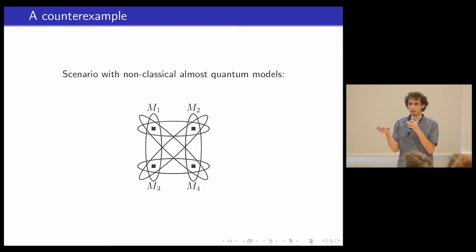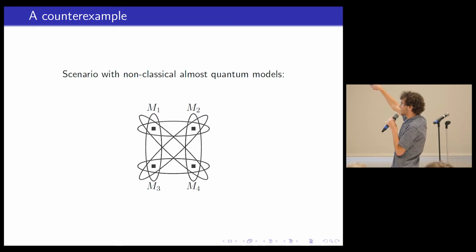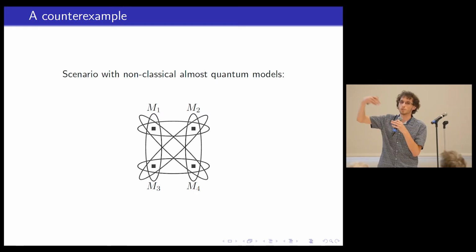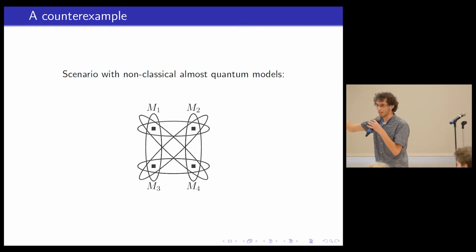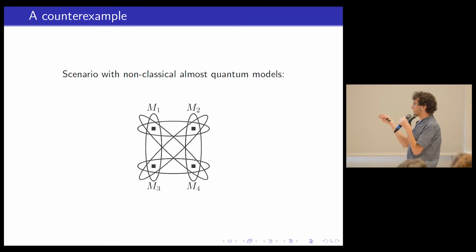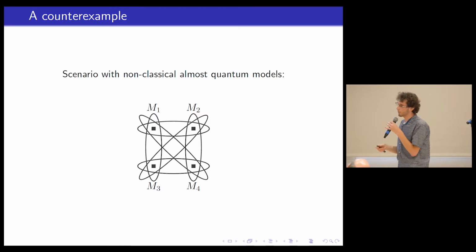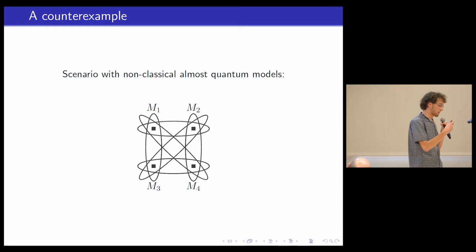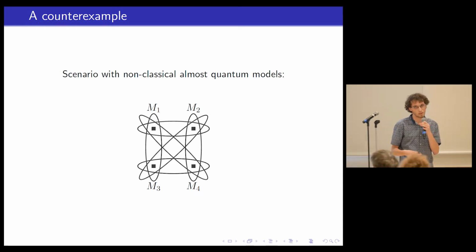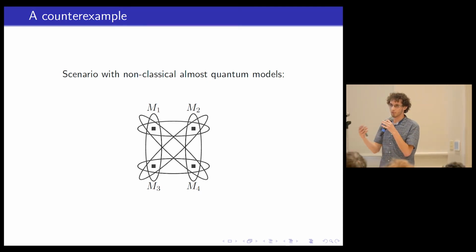And under the assumption of Specker's principle, all the probabilistic models you could obtain from this scenario, once you translate it to the events-based language, the events-based hypergraph, all the probabilistic models have to be classical if you assume Specker's principle. However, if you perform some convex optimization, then you can find that there are, in fact, almost quantum models in this case, which are non-classical.